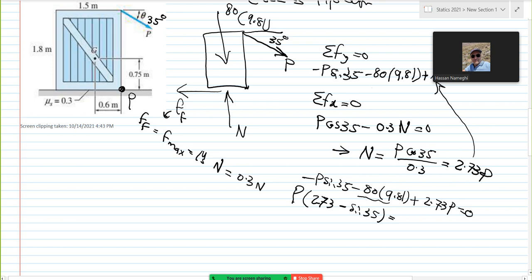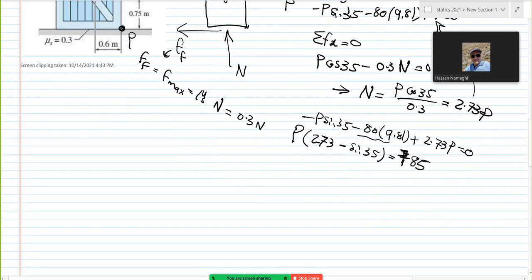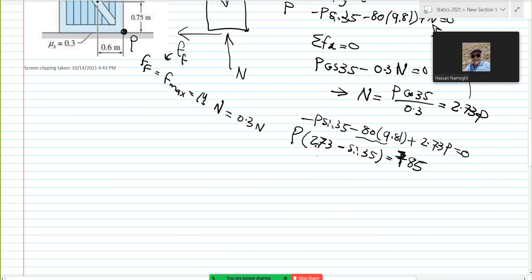Okay, I got 785 almost. 785 on this side. Then you can get P is equal to, I need to calculate here. 2.73 minus sine of 35.